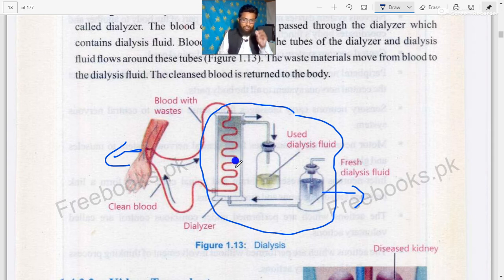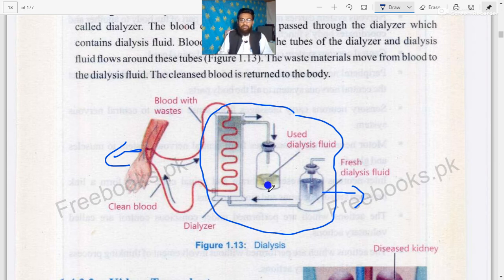So, exchange of waste material takes place here. From the blood, waste material is diffused from the tube walls into the dialysis fluid.